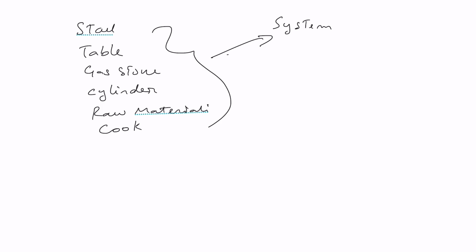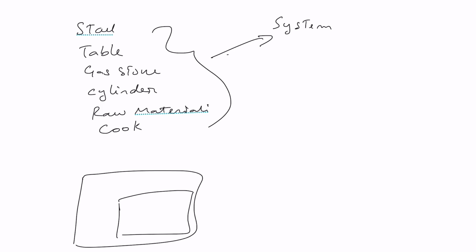And once I set up these components, let's say this is my stall, this is my table, this is my cooking stove. Okay, this is the gas cylinder, and this is the guy who's working, and these are some of the customers who are actually coming, and you have somewhere your raw materials kept over here.